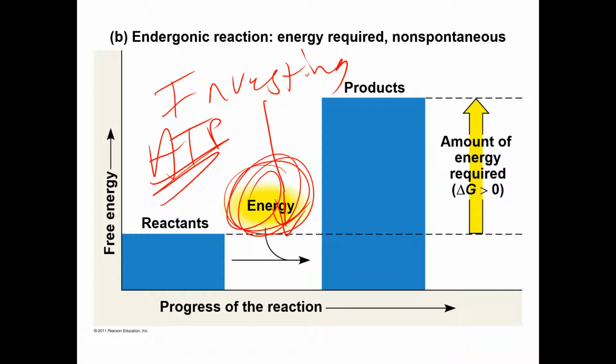So you're going from, in this case, less ordered, like let's say taking some amino acids and making a polypeptide. Something that's more ordered, that has more potential energy. It's a bigger molecule.